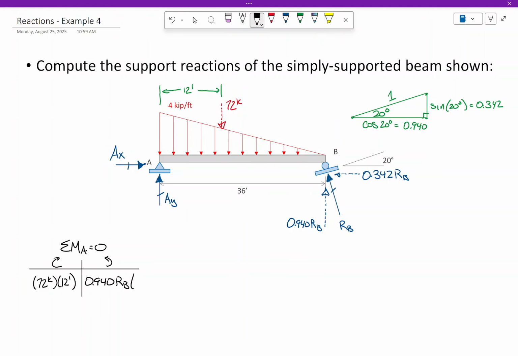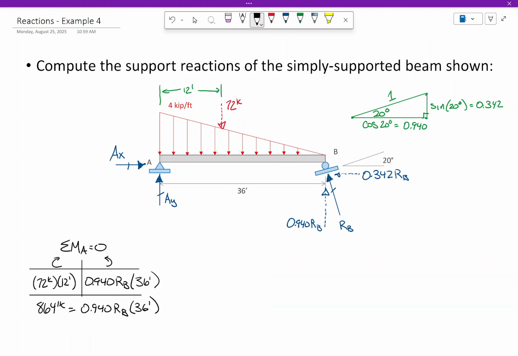And what's that moment arm? 36. And that's it. So 72 times 12, that's 864, is 0.940 RB times 36 feet.